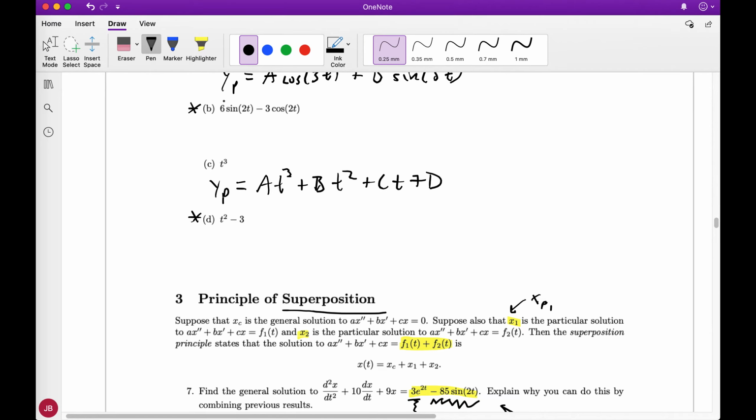So this one, the 6 sine 2t, its form will have to be a cos 2t plus b sine 2t, and so will this one as well, right? Each of these is going to have a constant times cosine of that inside and sine of that inside, 2t in this case.